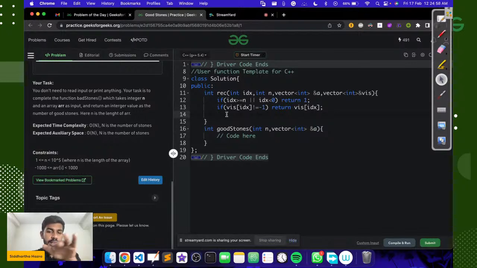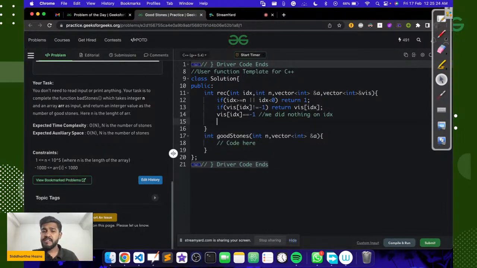So if we are coming to this point, that means visited of idx is equal to -1. That is why we are coming to this point. This just means that nothing has been done on this particular index. So we need to do something.